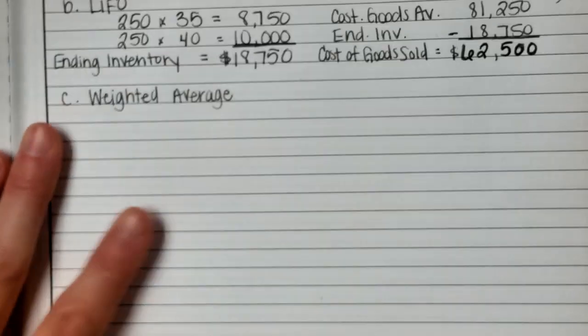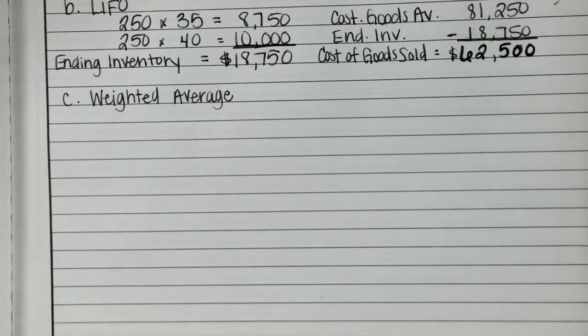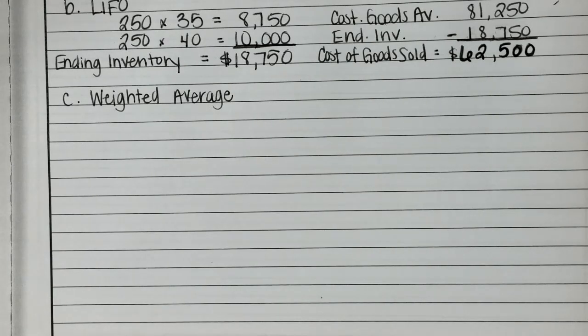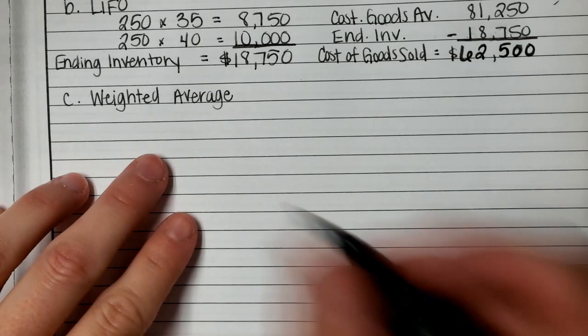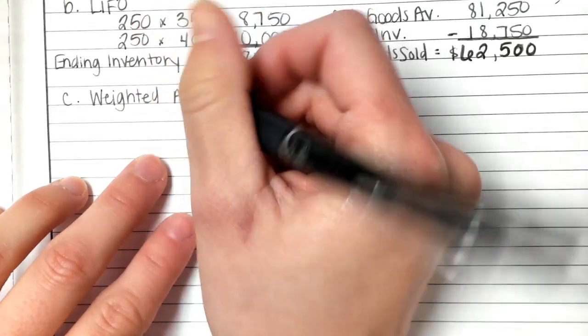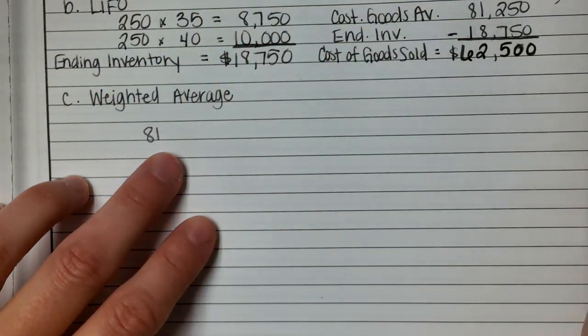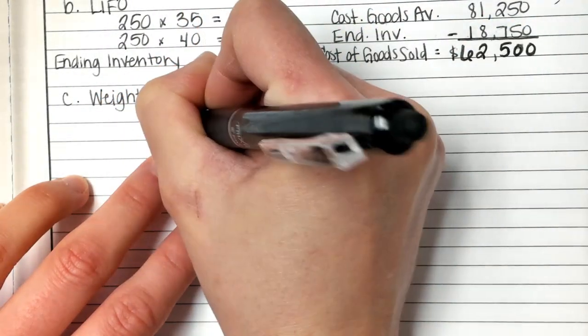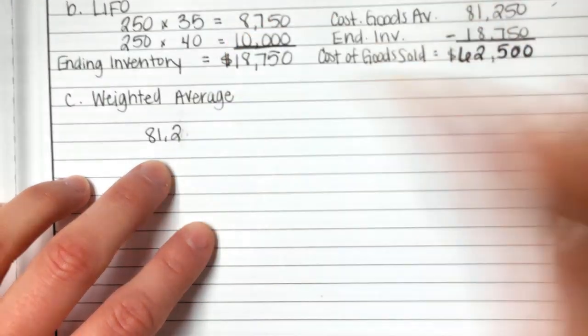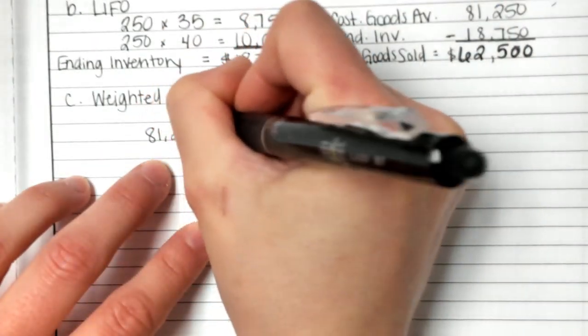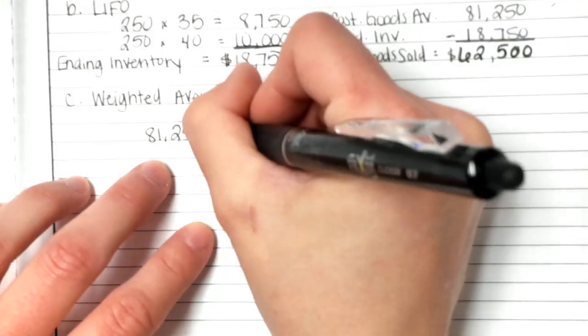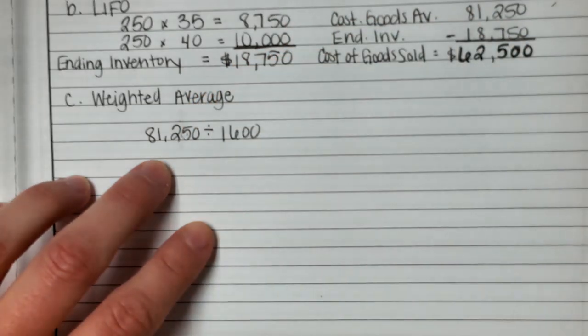Okay, the weighted average method. We're going to take our total cost of goods available for sale divided by your total units. So you should look back at the top of your paper where you added up your totals. And so that would be $81,250 divided by a total of 1,600 units.